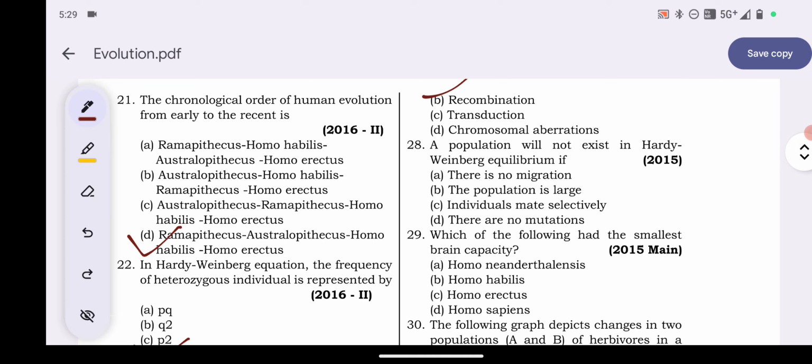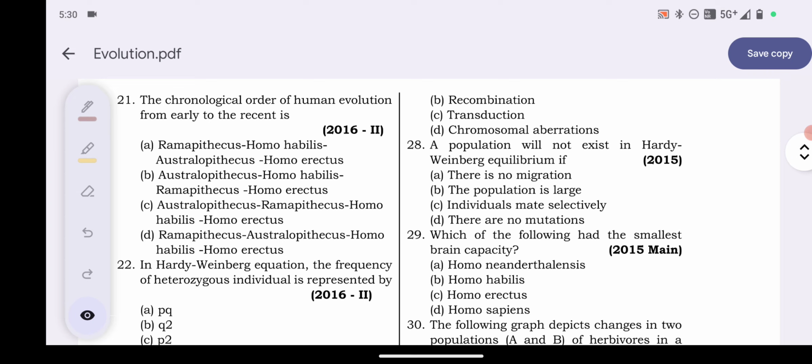Transduction, chromosomal aberration, wrong ones. So recombination will be your answer. Explanation: the most prevalent process of genetic diversity is recombination, which includes the transfer of genetic material between several chromosomes or different areas of the same chromosome. So B answer is the correct one, recombination.